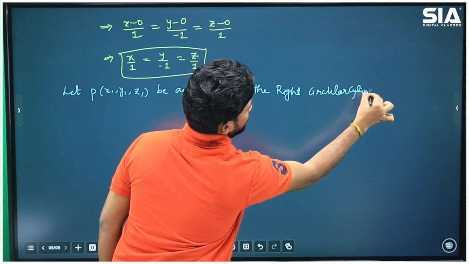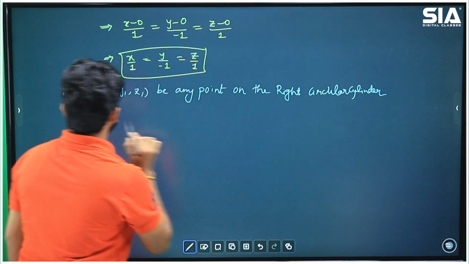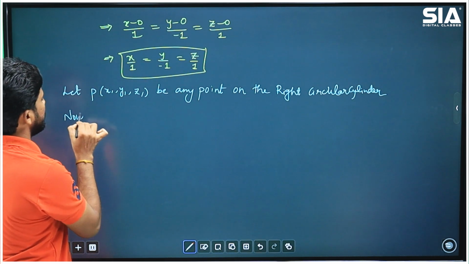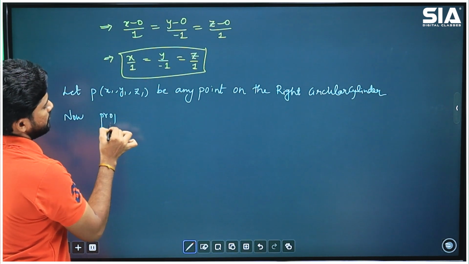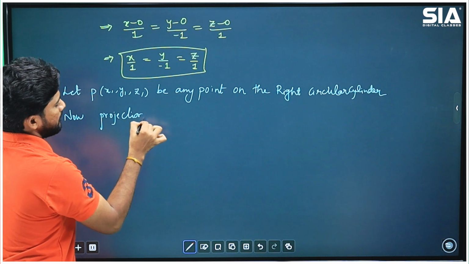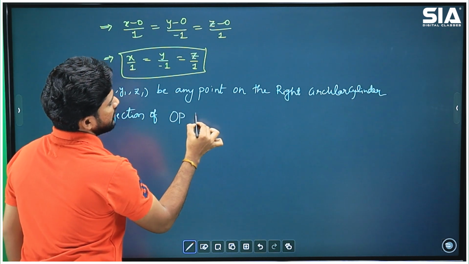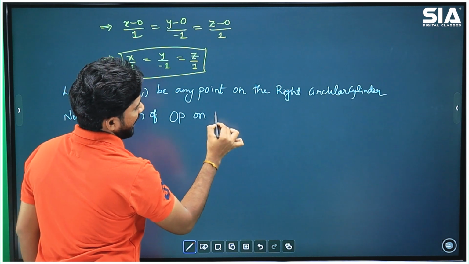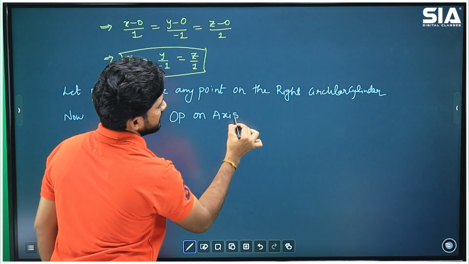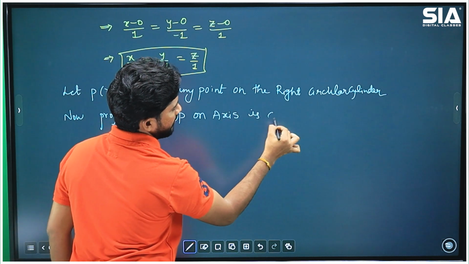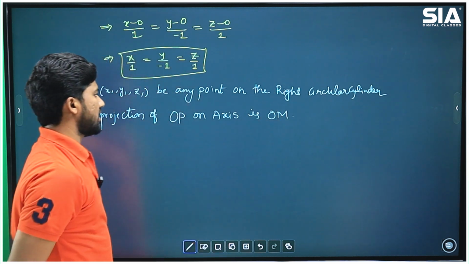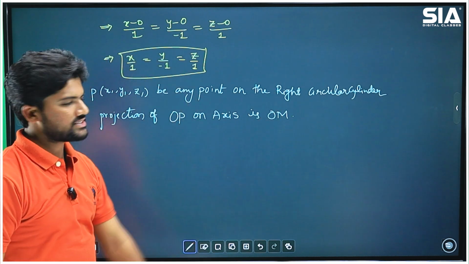If you take that point, then the projection of OP on the axis is OM.